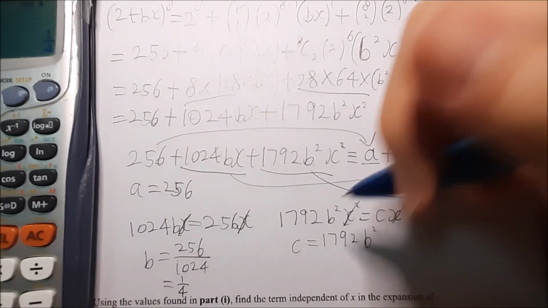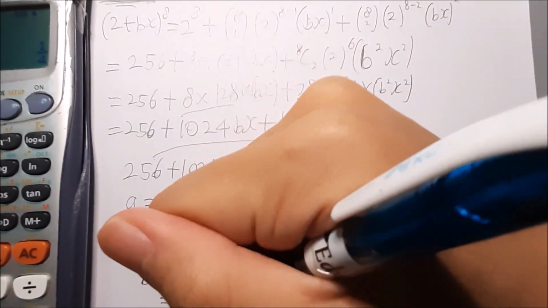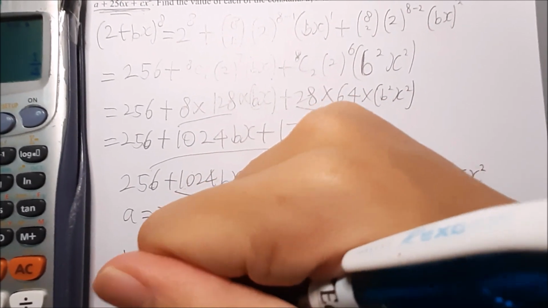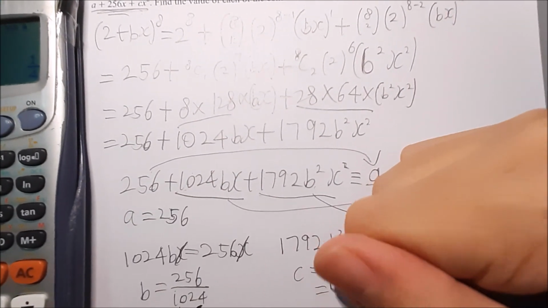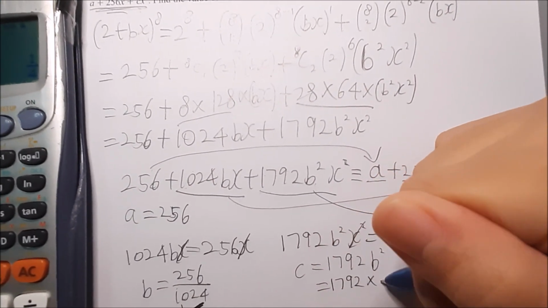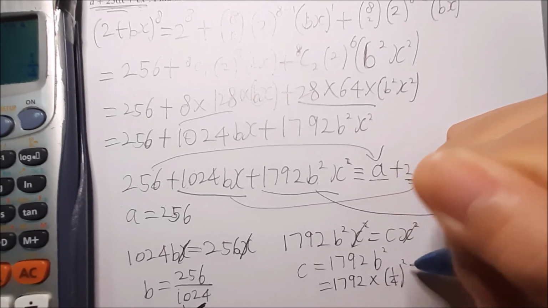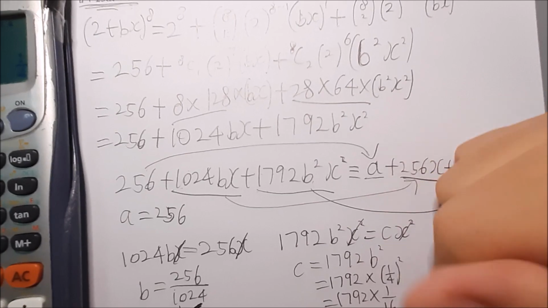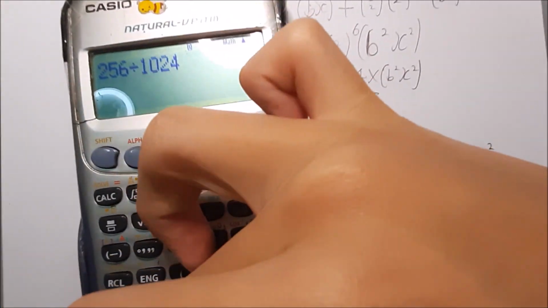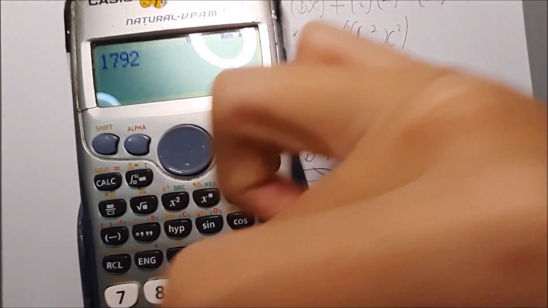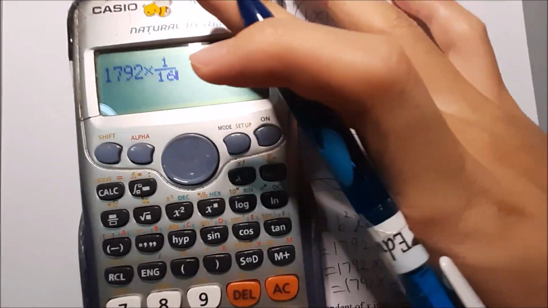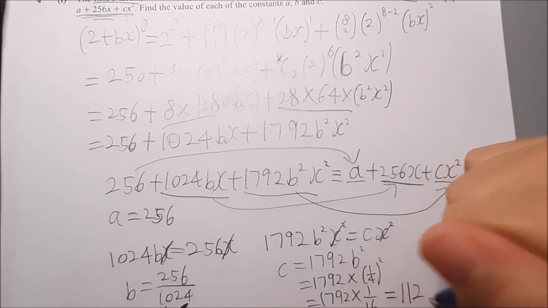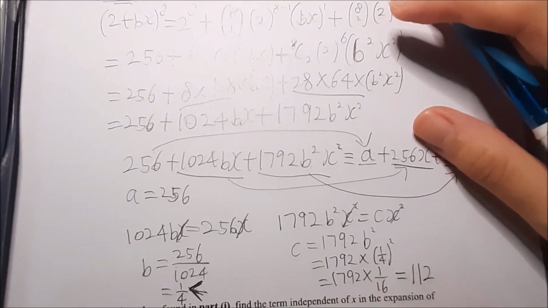Since you already got the b value, which is 1/4, you can do 1792 times (1/4) squared, which is 1792 times 1/16, which is 112. And there you go. That is part 1.